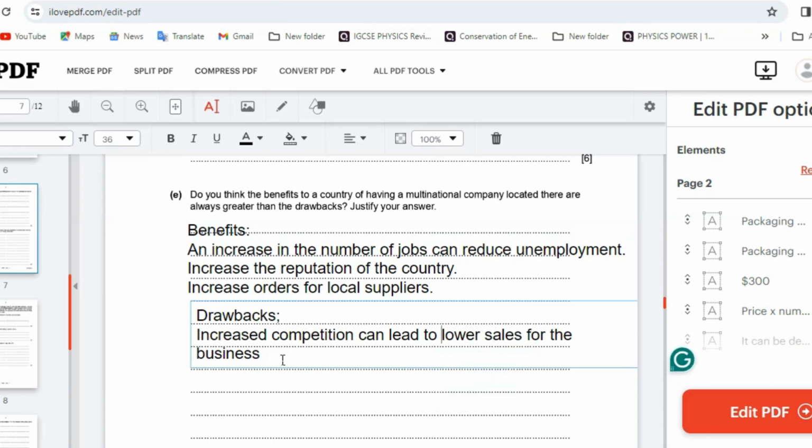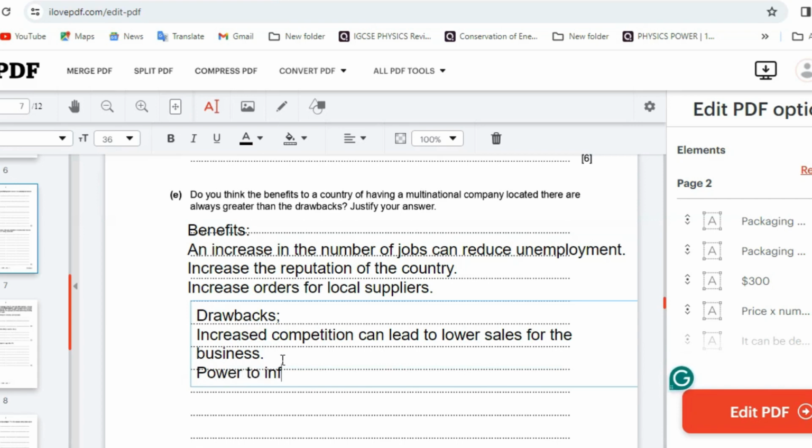Okay, another one is power to influence government decision. That's also a drawback of having a multinational company.